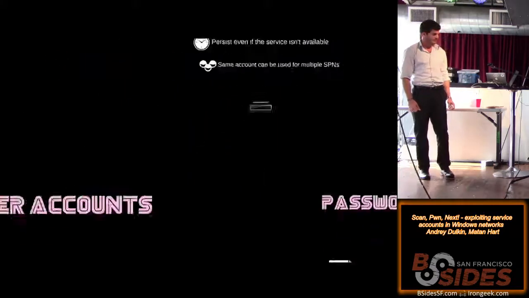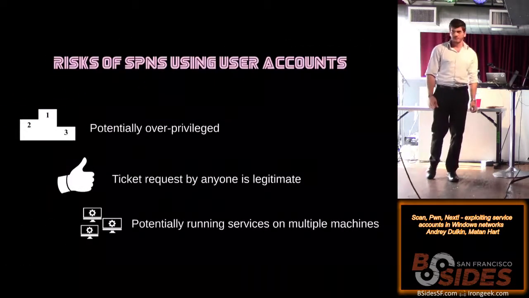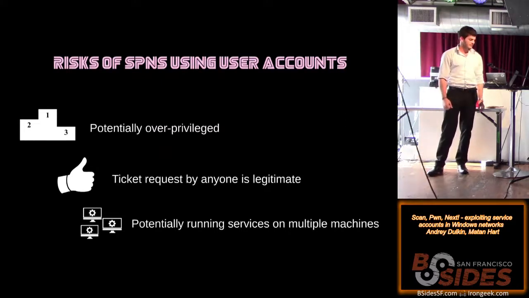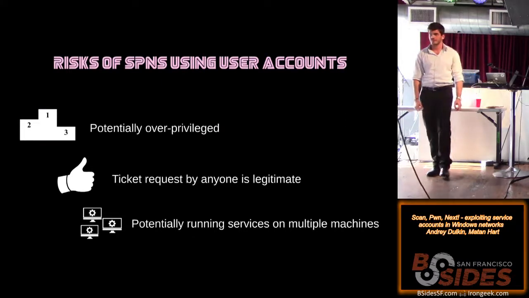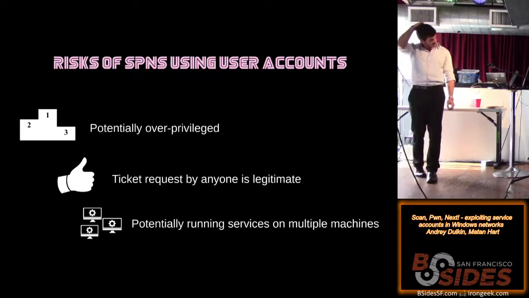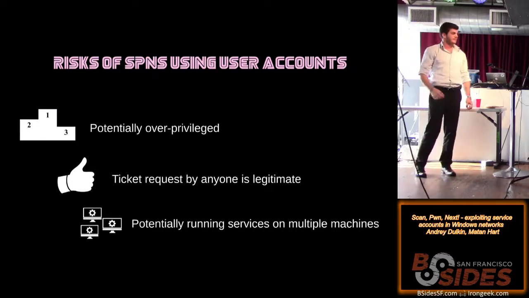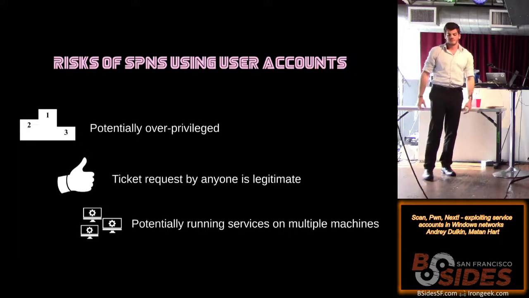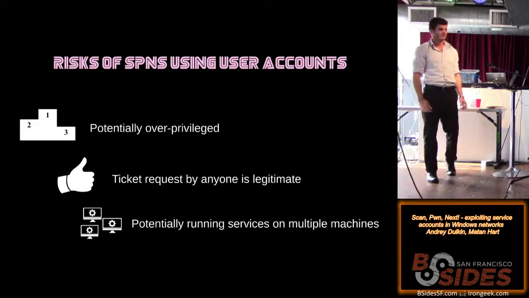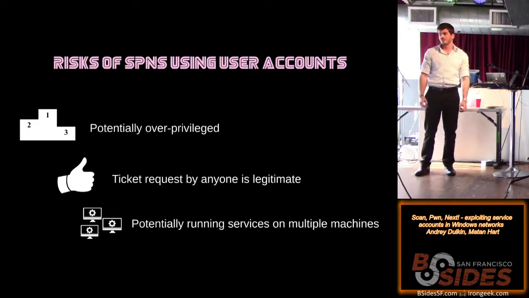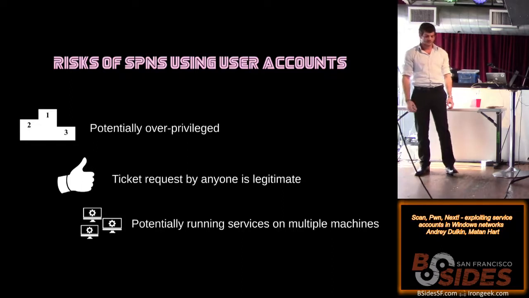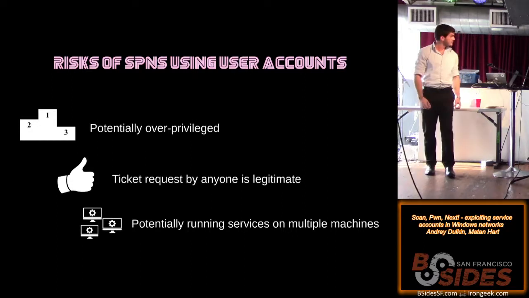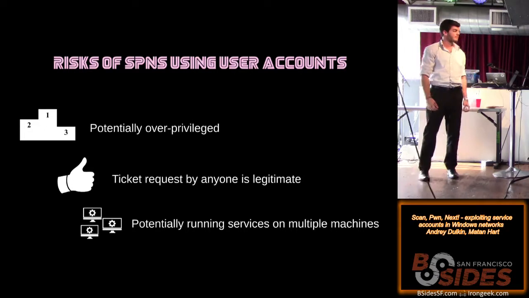Well, first of all, the accounts themselves are creating an issue. Usually computer accounts are not overprivileged, right? Because this is just a machine in the network, and there are set privileges for those computers. But user accounts can potentially be overprivileged. For example, in the example that you saw earlier, we used an administrative account to configure that web server, which is bad.